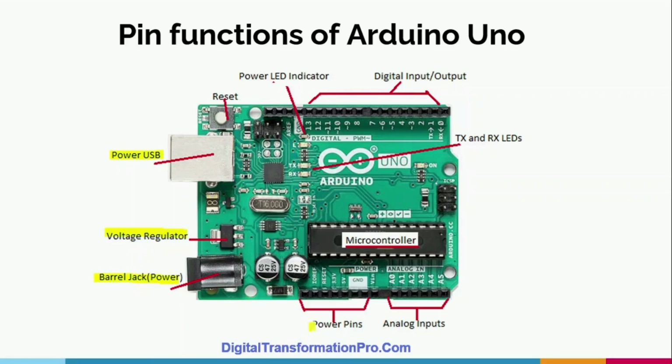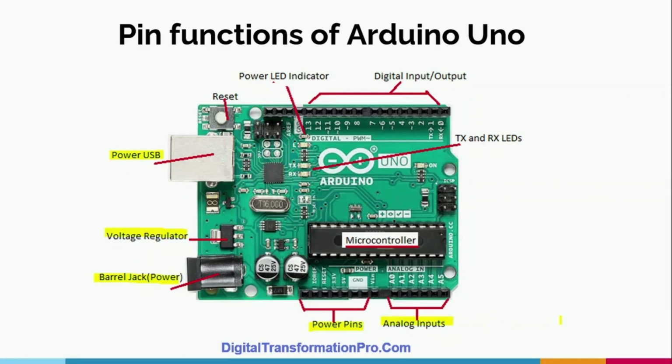And next is the power pins. As you can see on the board, there are 3.3 volt and 5 volt supply pins, then ground pins and also the V-in pin, which is for applying external power input. Now next is analog inputs.